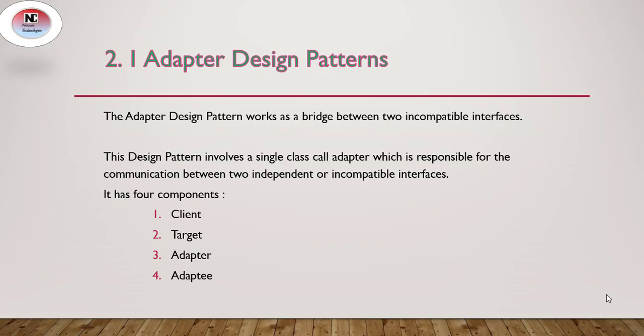This class is also composed of the adaptee, that is, it has a reference to the adaptee object. Adaptee. This class contains the functionality which the client requires, but it's not compatible with the existing client code. So it requires some adaptation before the client code can use it.